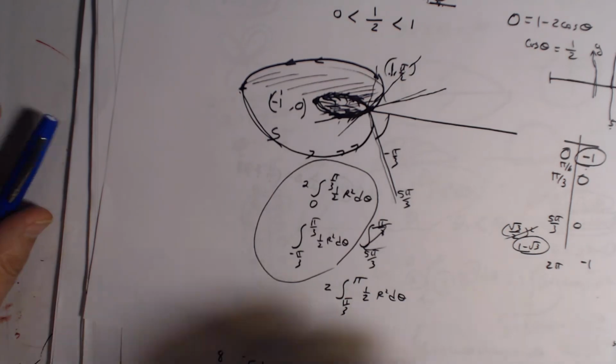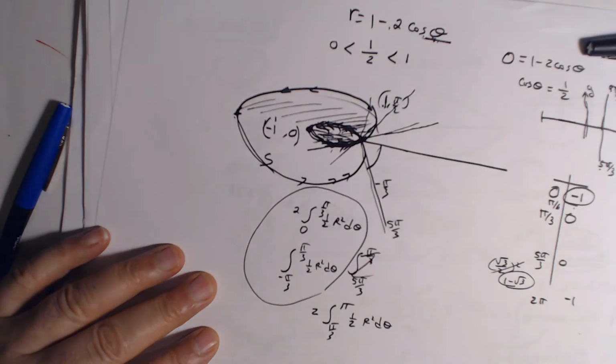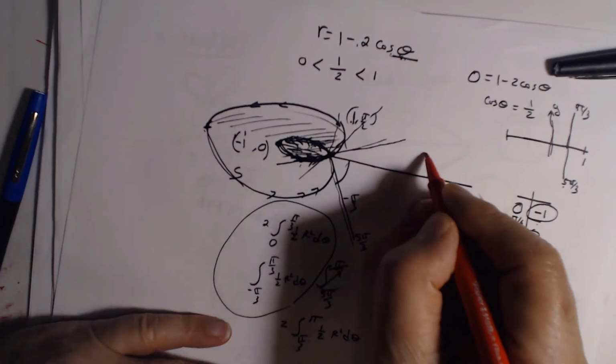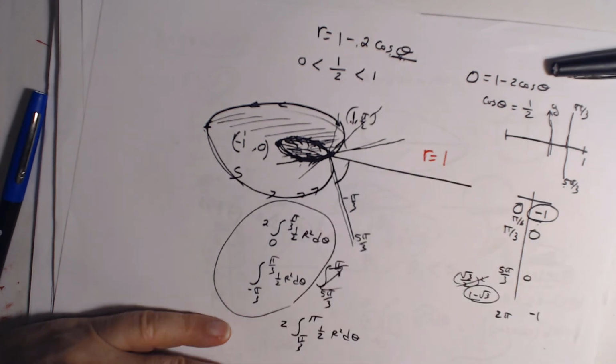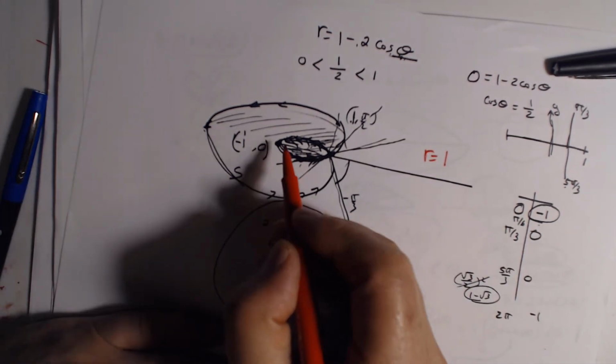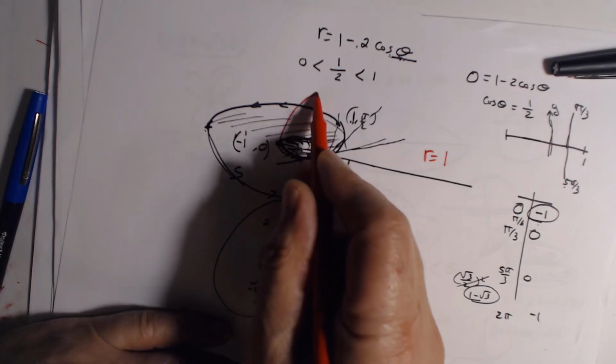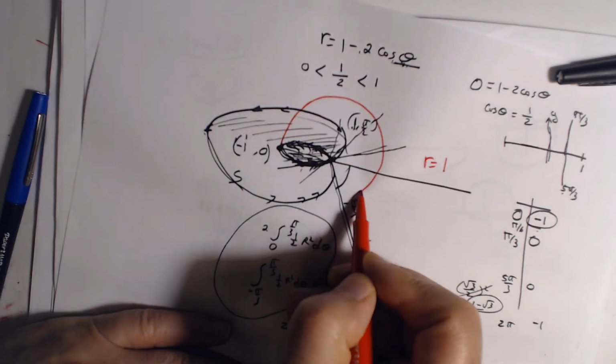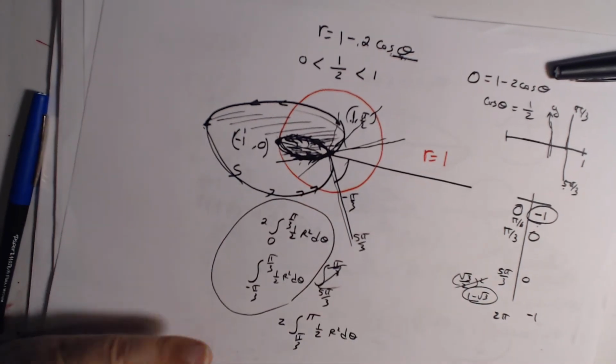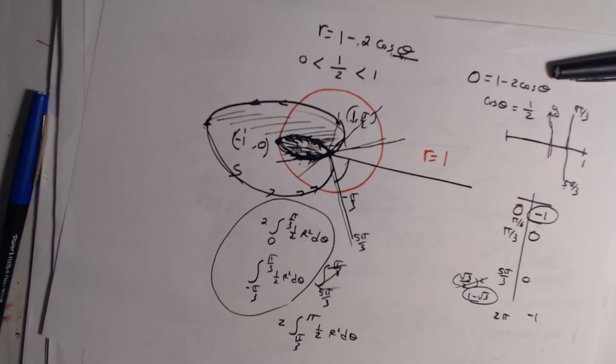But maybe one of you asked and said, what happens if I have another polar function r equal to 1? Remember, this one was 1. Therefore, this is right here. And somebody asked me, I want the area of a region bounded, but let me say it that way.